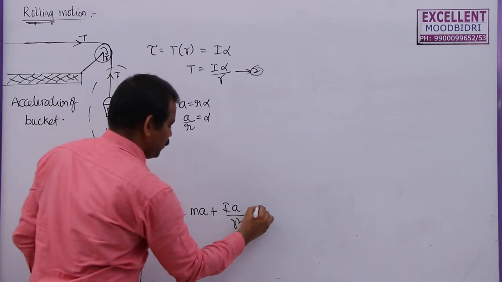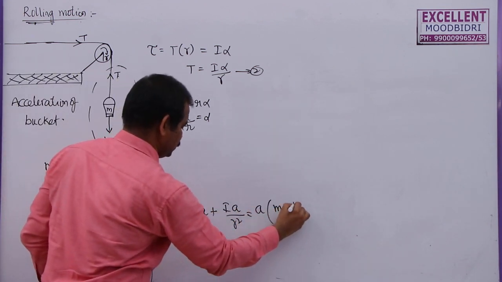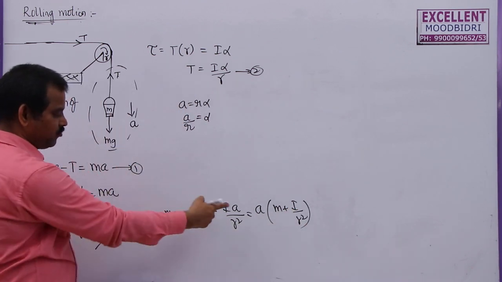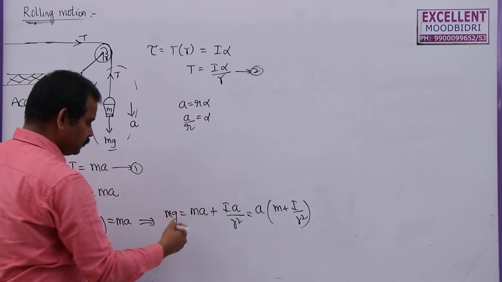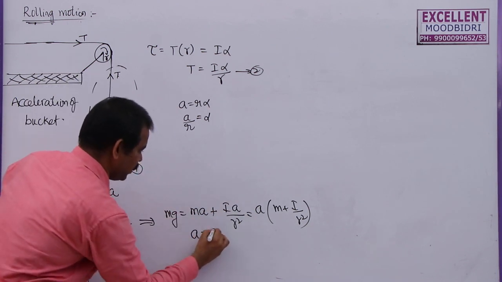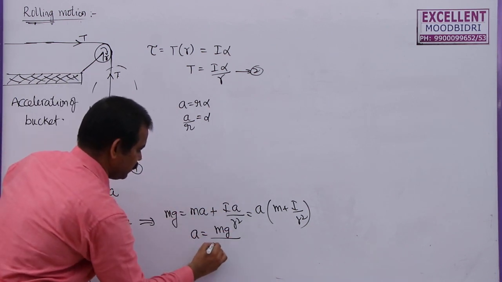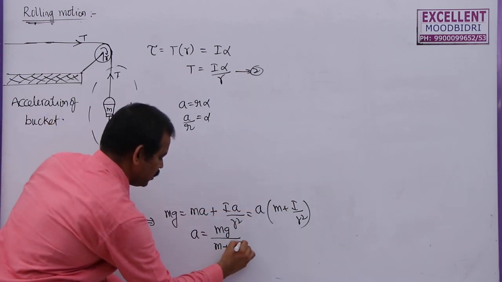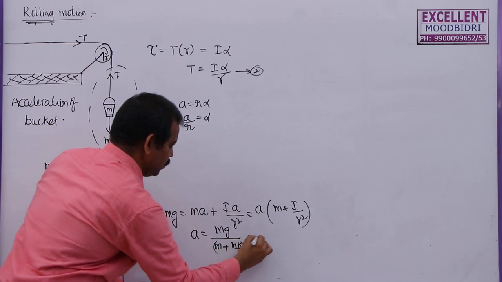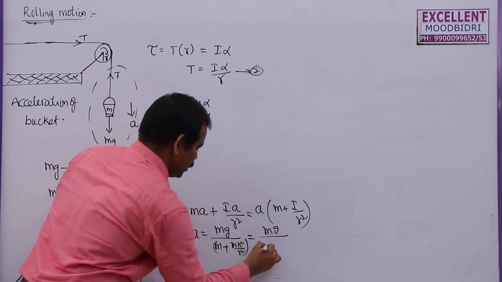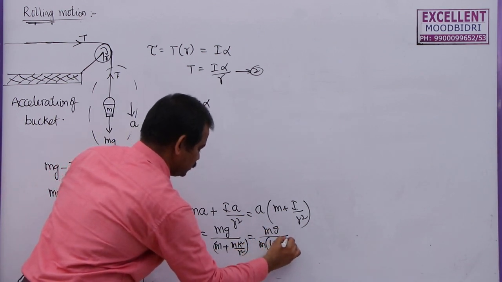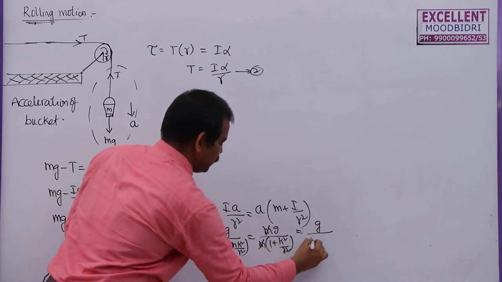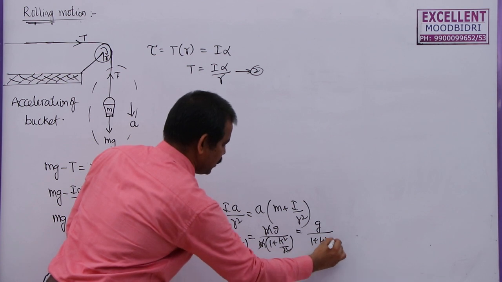If you take a common, m plus I by R square. So this is the equation for acceleration. Now if you simplify this, a can be written as mg by m plus I, and I is nothing but mk square. So mg by, if you take m common, 1 plus k square by R square. This will become g by 1 plus k square by R square.